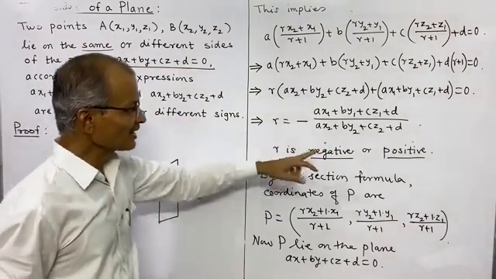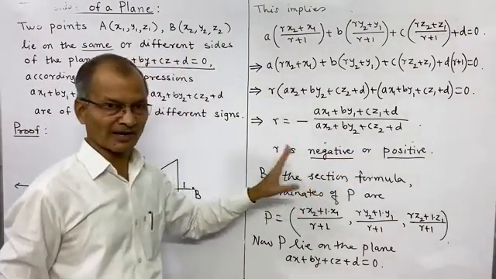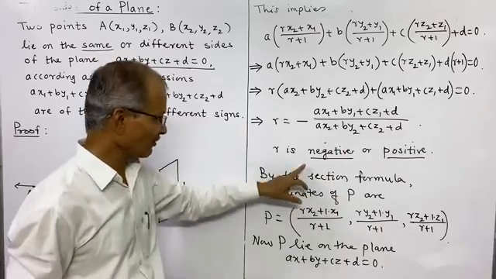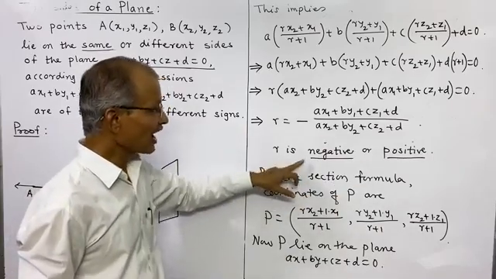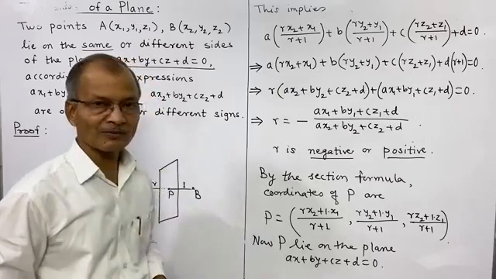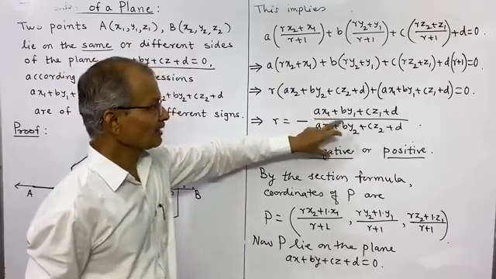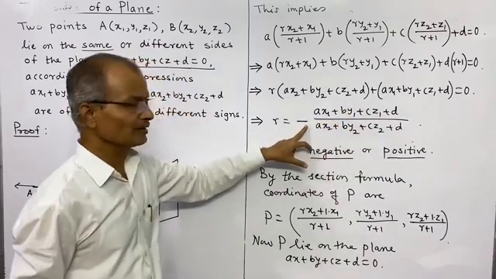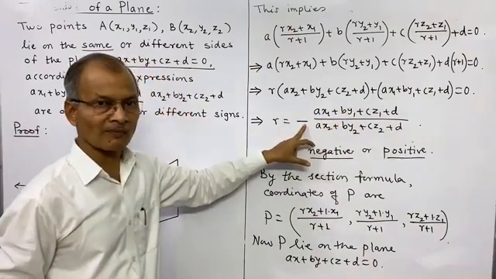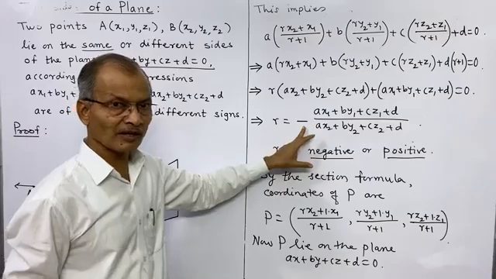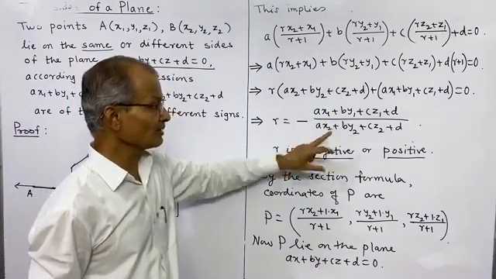Now whether r is negative or positive will decide the same side or different side, that we have mentioned earlier. So r is negative when these two expressions have the same sign, because then this quantity becomes positive and there is a separate negative sign. So finally the sign of r will be negative if these two have the same sign.